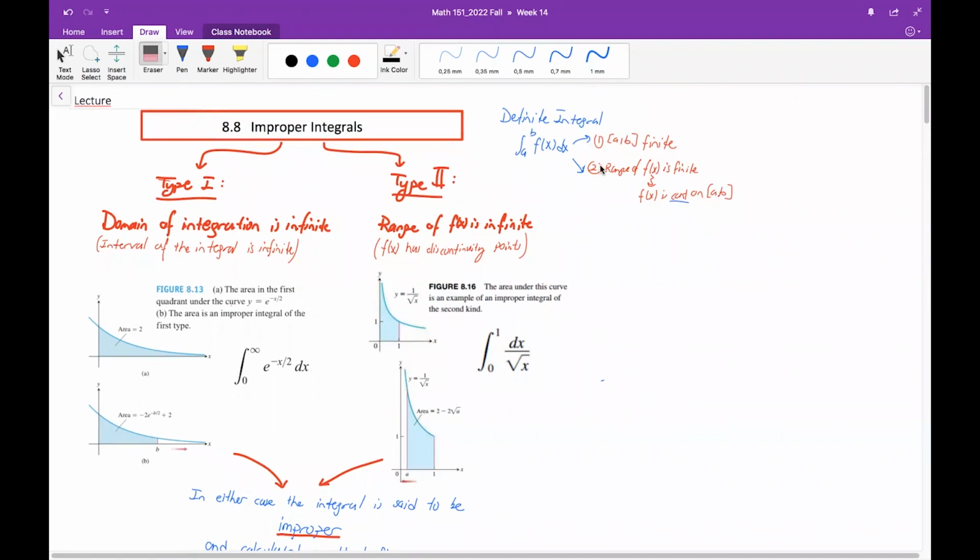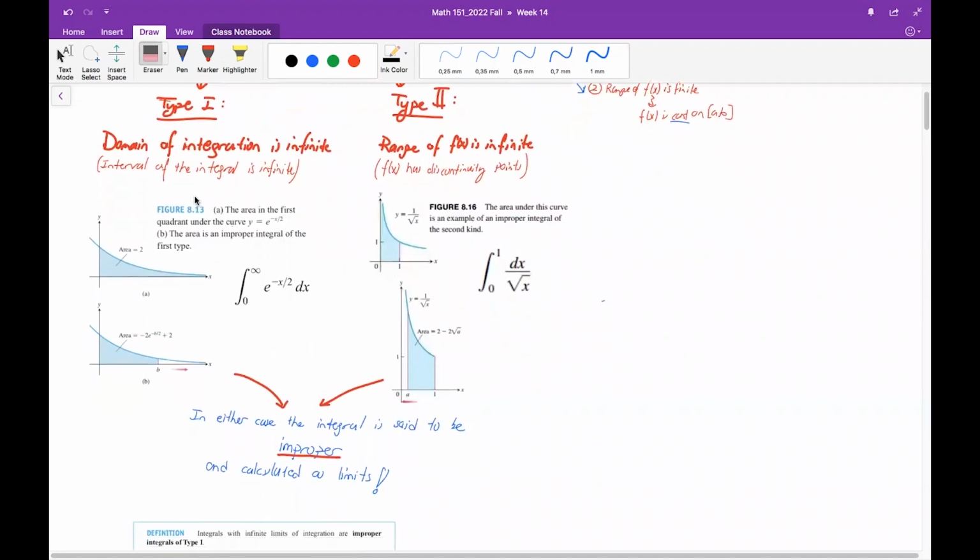If these two conditions are satisfied, the integral from a to b of f of x dx is a very nice definite integral, and you can use integration rules to find the result. But in practice, we may have some problems with these two conditions.